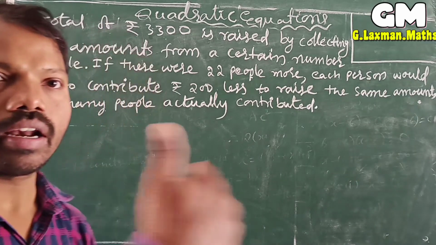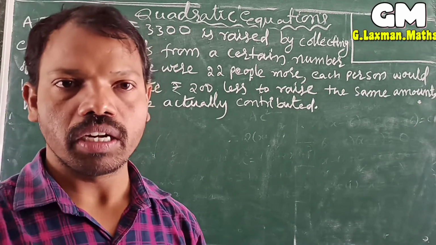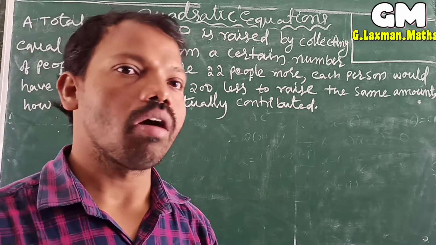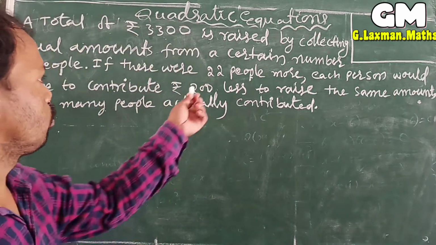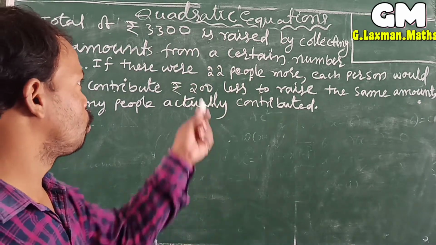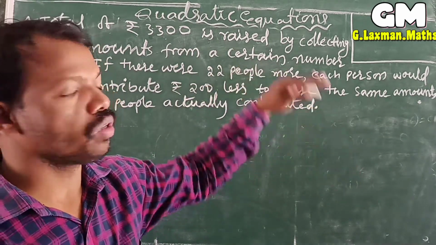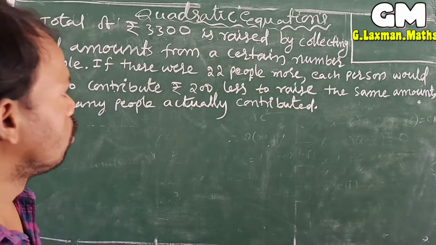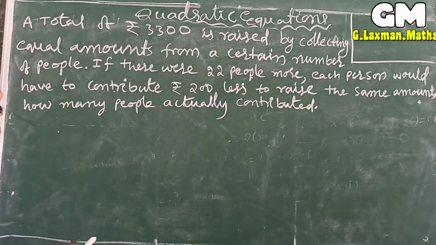Because the people are more, automatically the amount contributed will be less, right? So how much less? 200 rupees less for each person, if the 22 people are joined in the previous group. So they are collecting the same amount.